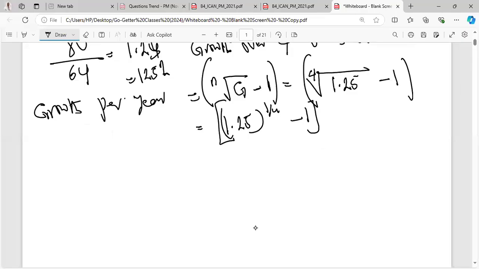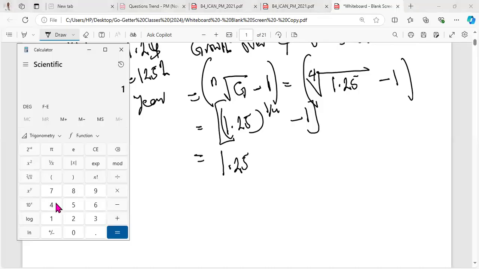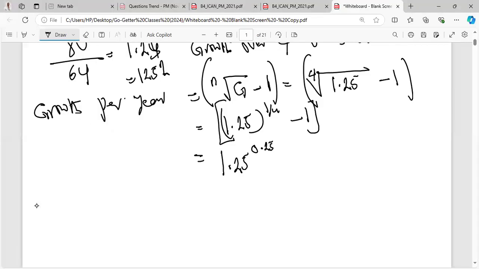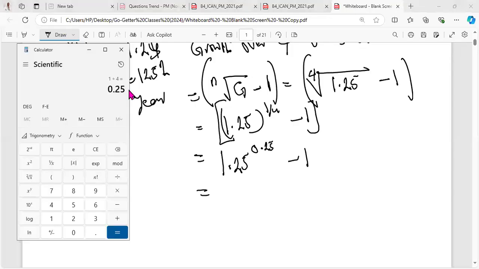You can decide to make this a fraction first. You can say 1.25 raised to power, you can say 1 divided by 4. You get 0.25. Just say 0.25. That way you've saved yourself a lot of headache. Let me copy this 0.25 because I will need it, just in case I forget the figure.